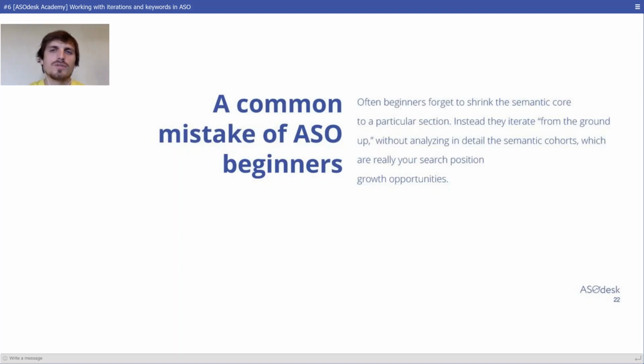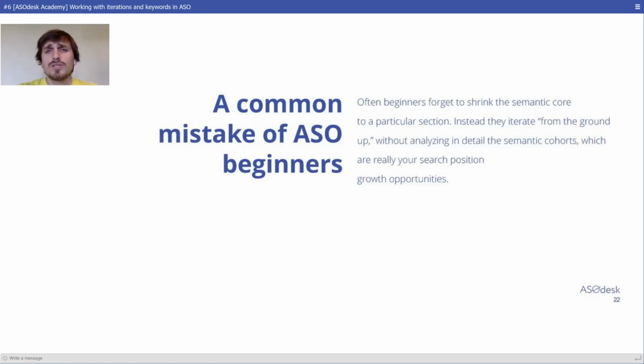So if you are doing the first type of iteration, then the second, then the third part of iteration, and something is not working, it doesn't mean that you need to restart the full process of App Store optimization and redo the semantic core from the ground up, spending 8 hours assembling the keywords.